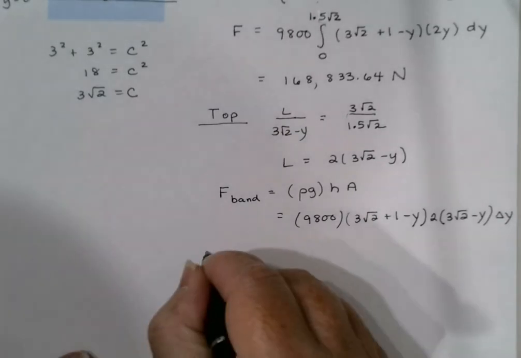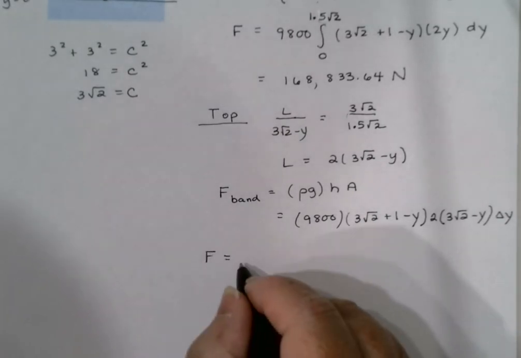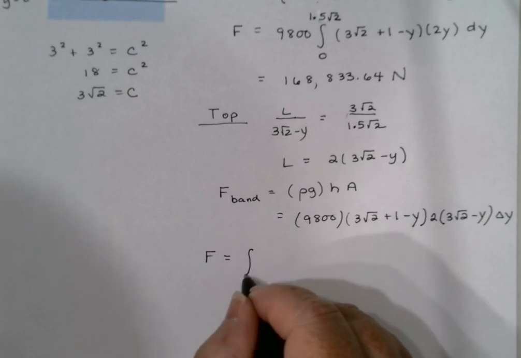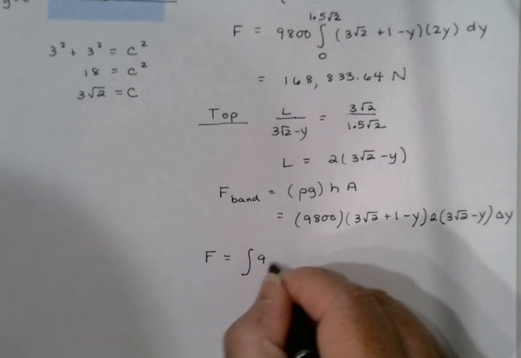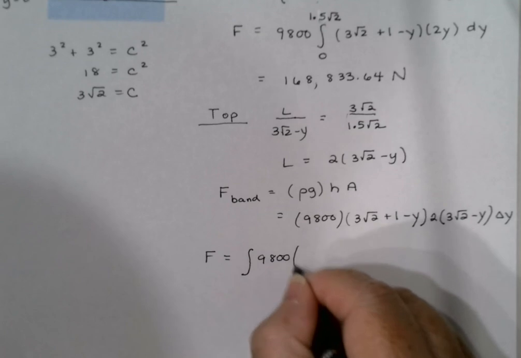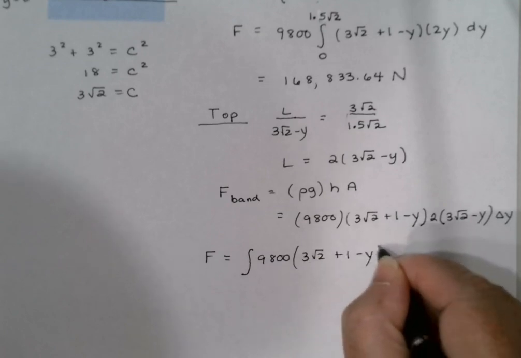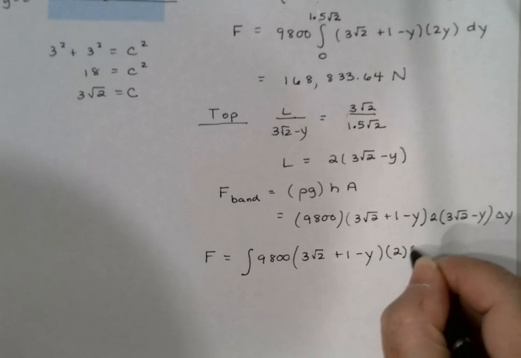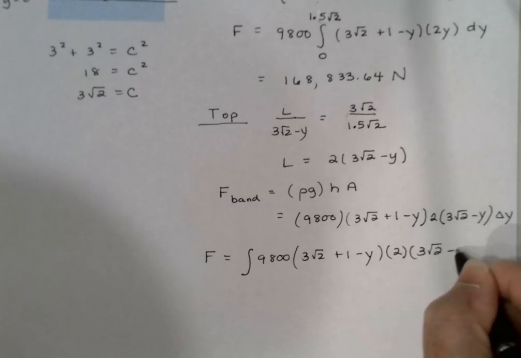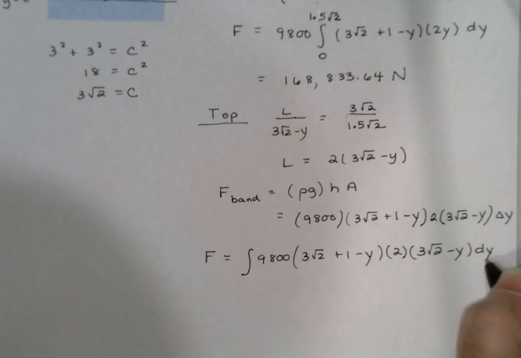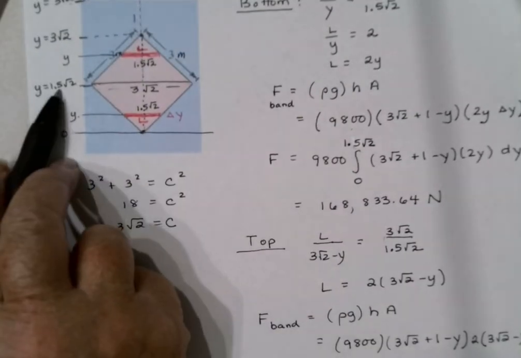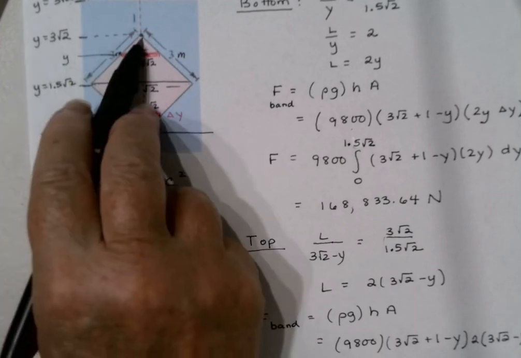The total force on the top half, I would integrate all of this, and the top of the plate goes from 1.5 square root 2 to 3 square root 2.